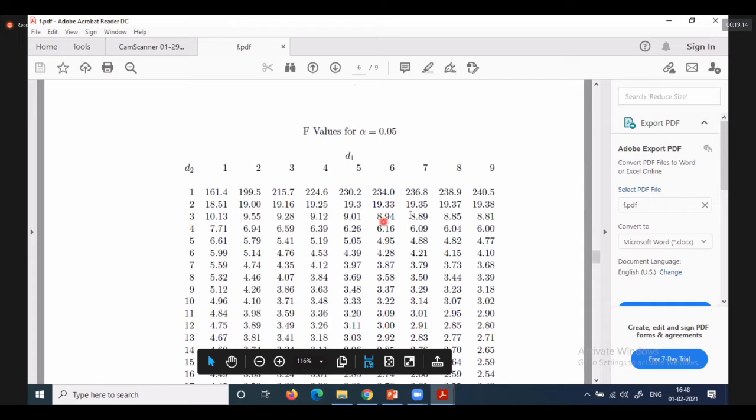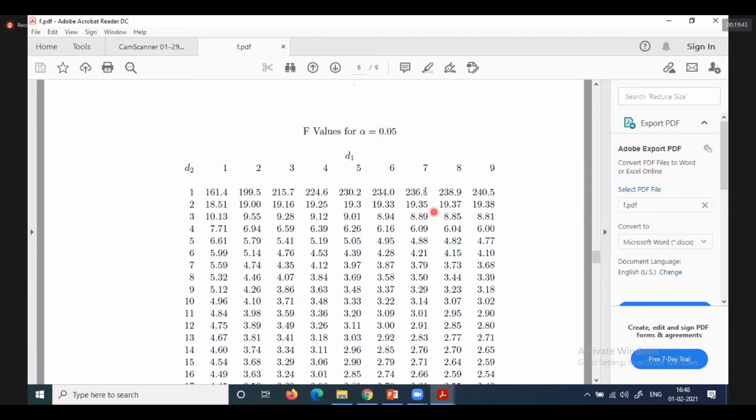What is our degrees of freedom? 7 comma 9. The first value, row wise, 7 is there, and the first column is the second one, that is 9. The corresponding value is 3.29. The level of significance is 5%, and the degrees of freedom is 7 comma 9.